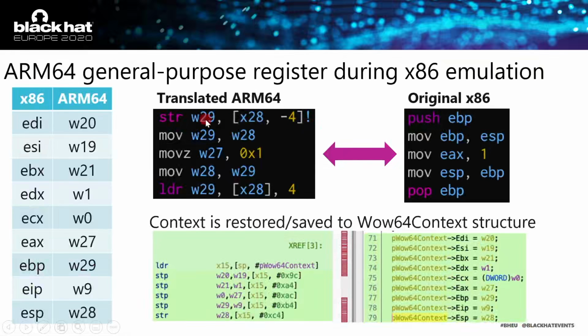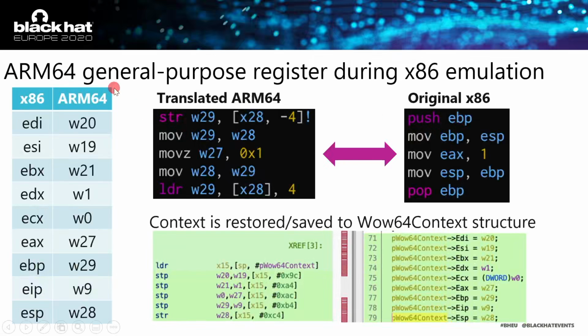For example, the W29 register corresponds to EBP, and the W28 register corresponds to the ESP register. So the meaning of this instruction is to store the value of EBP to the stack top, and the stack top is decremented by 4 bytes, which is equivalent to the push EBP instruction of x86.